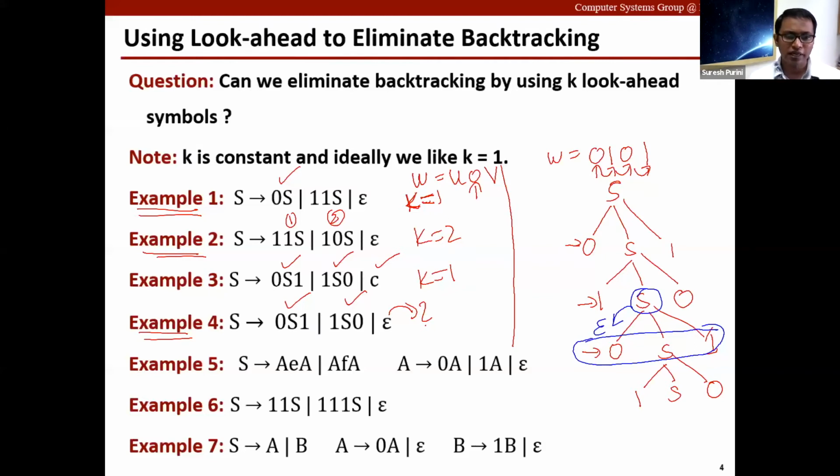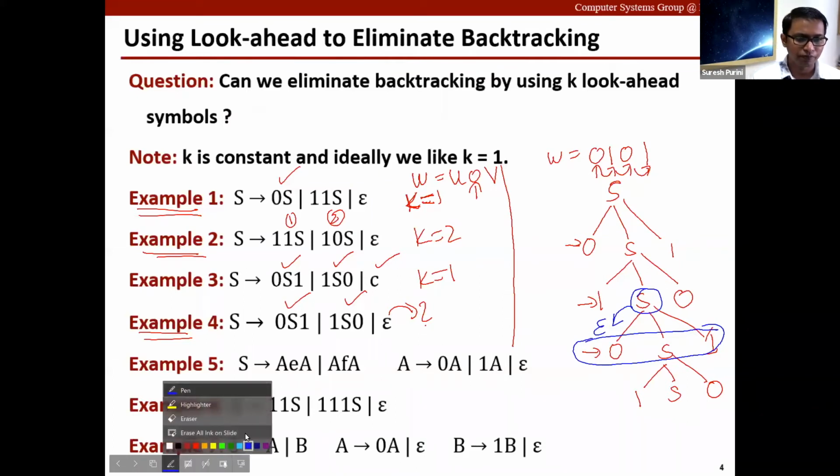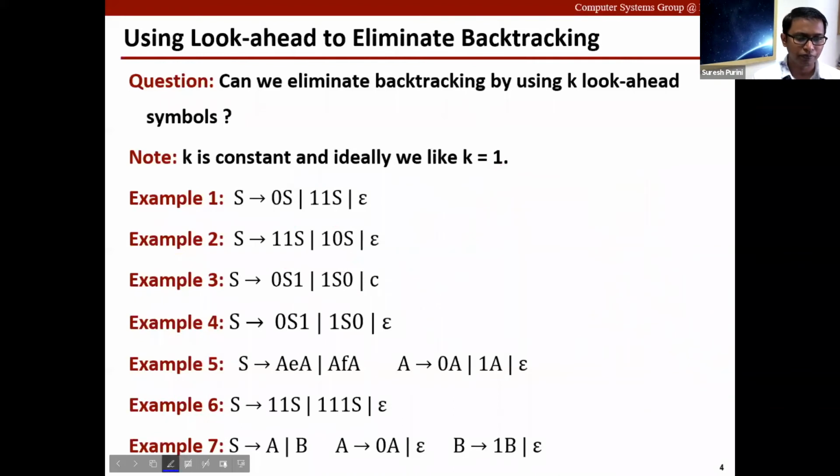Now let's move on to example 5. Is it possible for us to come up with a backtrack-free parser using some constant number of lookahead symbols for the example 5 grammar? If you look at example 5, there are a couple of things. From S, there are two substitution rules.